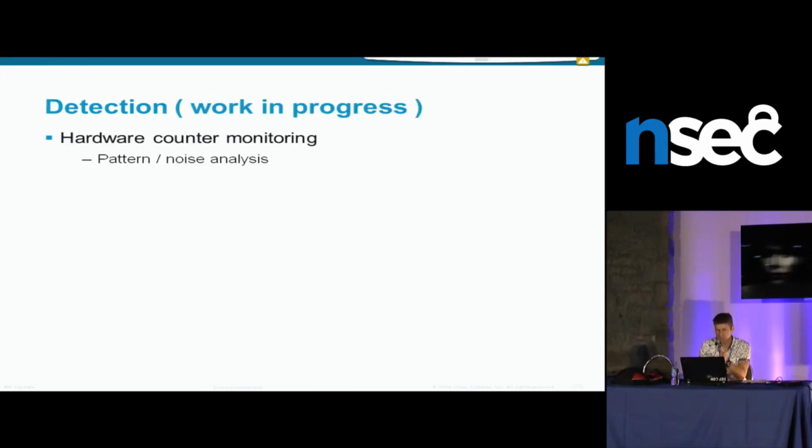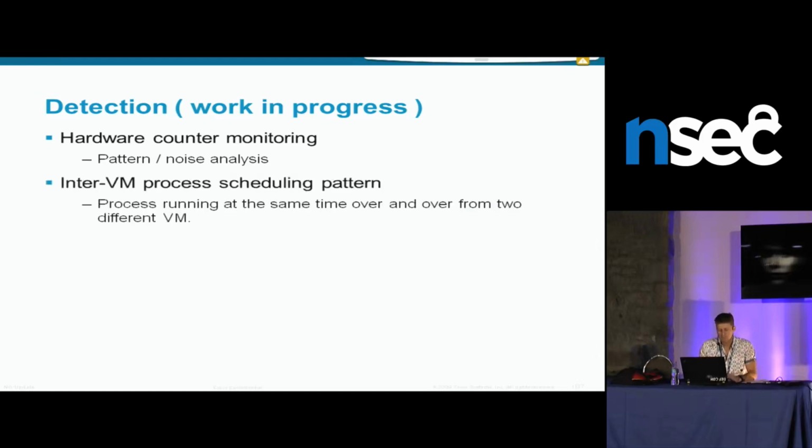There are a couple of things we can do from the detection point of view. One of them is that there are hardware counters on the chip, so you can do pattern and noise analysis. I've got some prototype. It's okay, but it sucks CPU on the host. Another thing is on the host, those processes that are running, they are always running at exactly the same time for that to work.